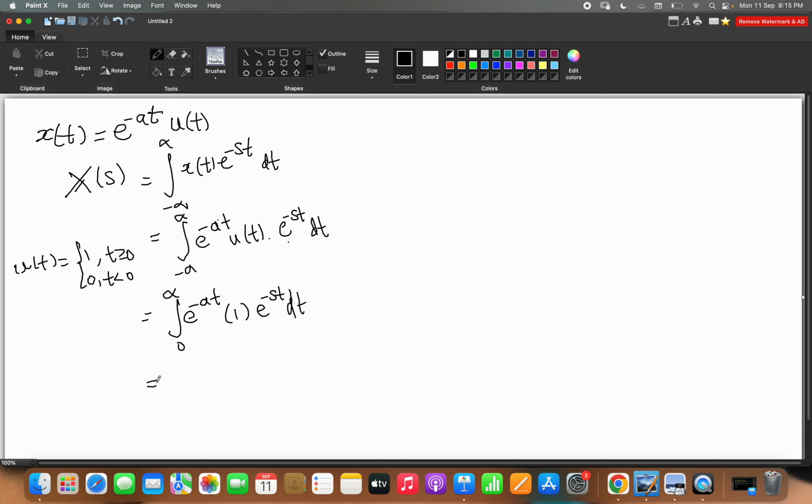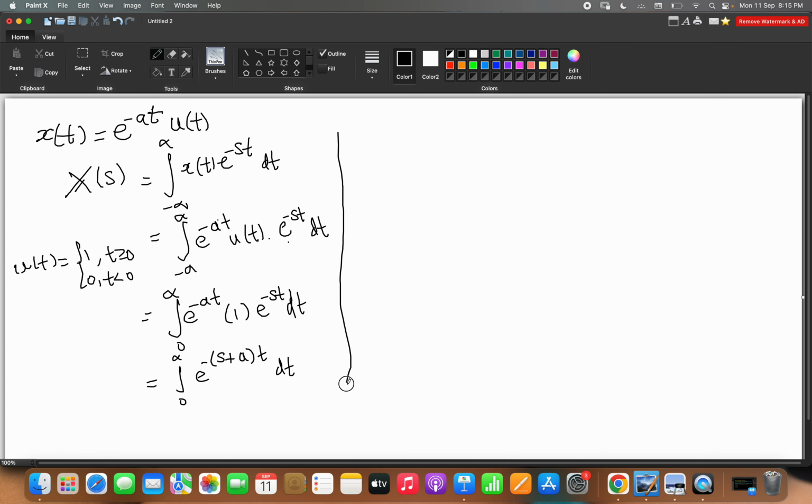And combining the exponential terms, the next step will be 0 to infinity, taking e common and taking minus t common in the power, this term becomes minus s plus a into t dt. Why I am taking minus t common: since we have infinity in the limit, if you take minus t as common, then only you will get a finite value if you substitute the upper and lower limits.